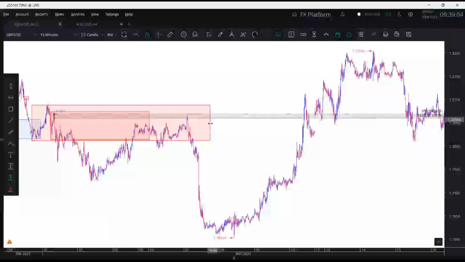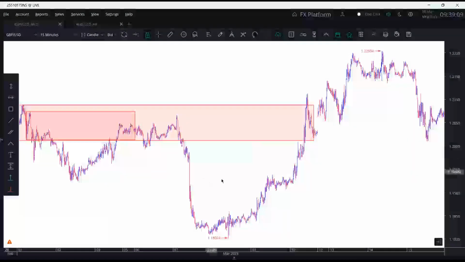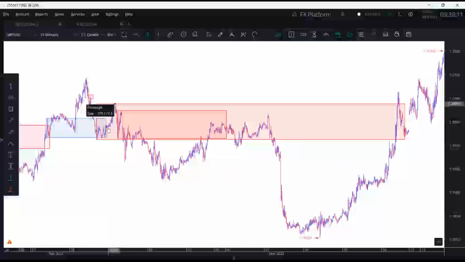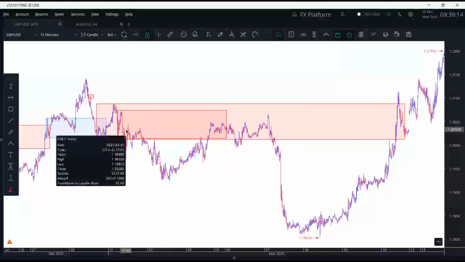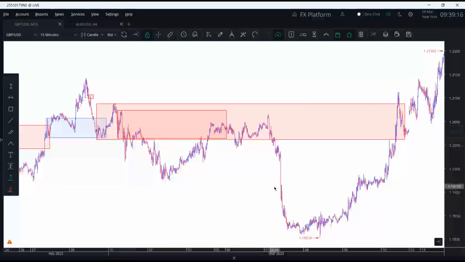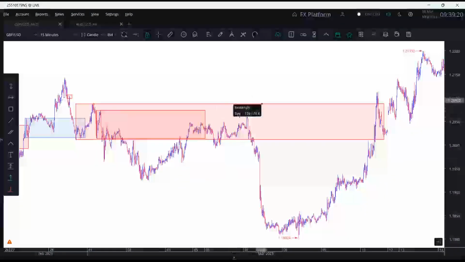Well, let me delete this one. So this area was a flag limit, and we completely analyzed it in detail, and we see that it holds the price down.